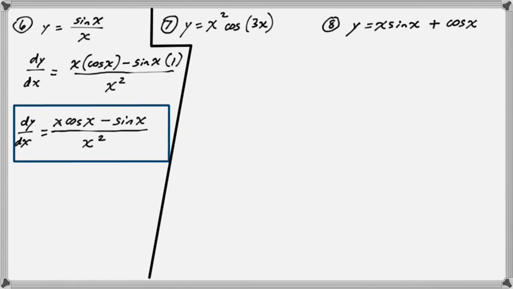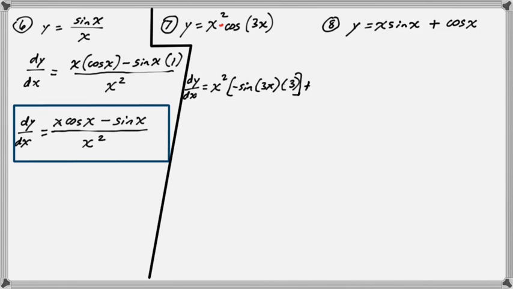Now, number 7, I see a product, two things multiplied together. So again, I'm going to use the product rule. I'll bring the x squared down. The derivative of cosine is negative sine of the same angle times the derivative of the angle, which is 3.